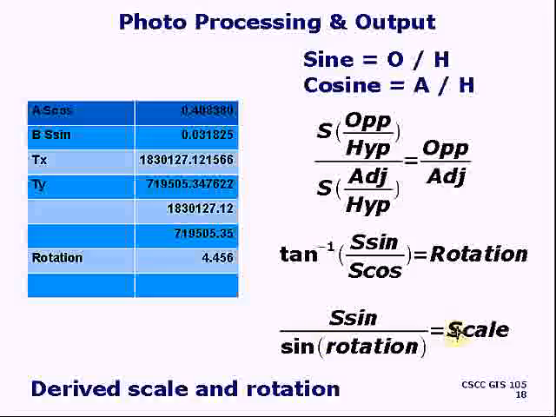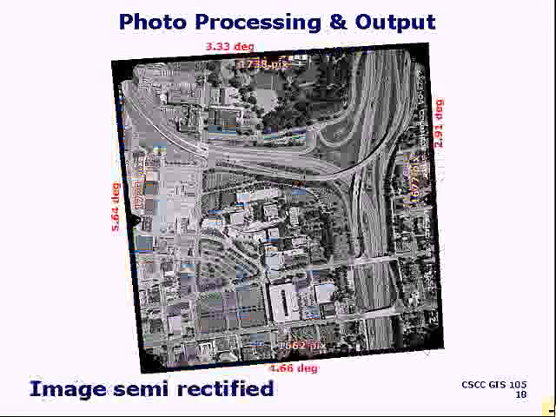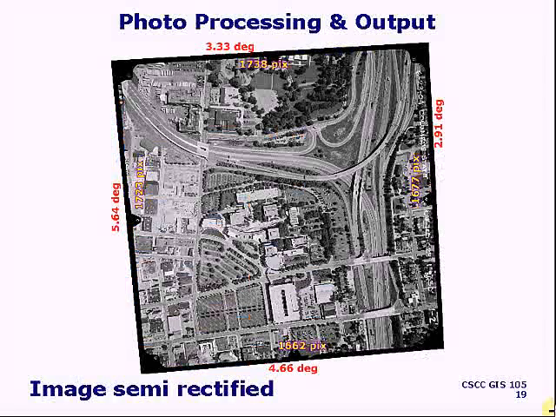So we can still use that matrix method of coordinate transformation and do those computations, and end up with the rotation and the scale. Once we know a rotation factor, if we don't have a software that's able to handle the rotation of the world file, well, what we could do is we could just rotate it manually.